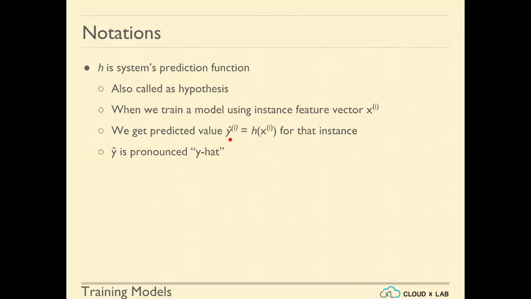So y hat is the predicted value. And yi is the actual value. You are right, Gopi, and y hat is the predicted one. Correct. Good, good.